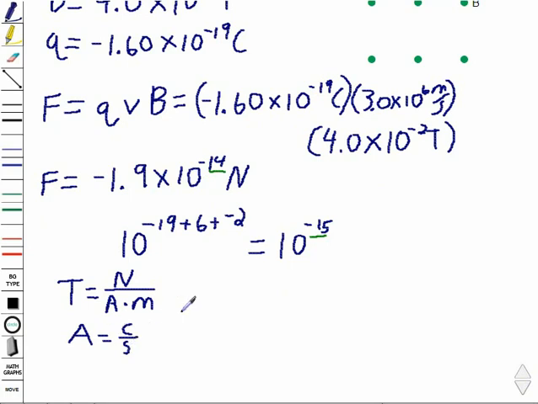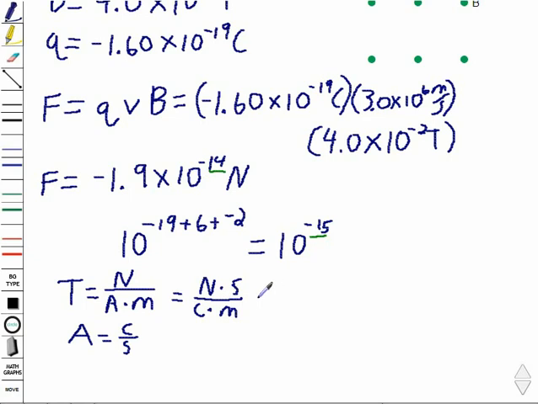So if we substitute the ampere into the Tesla, we get a Newton times a second divided by a coulomb times a meter.